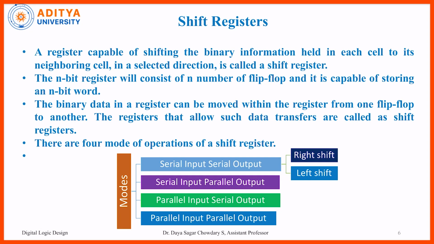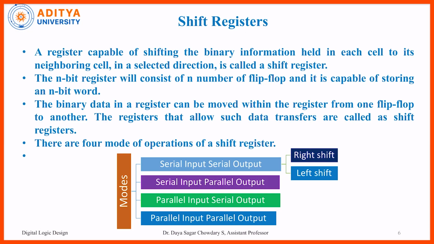Now, apart from that, shift registers are also there. Shift registers simply mean the data is shifting by one flip-flop. Here is a register capable of shifting the binary information held in each cell to its neighbor cell. This is called shifting.